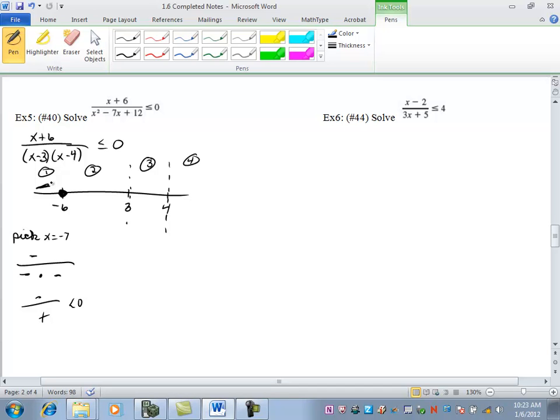So my expression is negative there. Region number 2, let's pick x equals 0. I like to use 0 anytime I can. 0 plus 6, positive. 0 minus 3 is negative. 0 minus 4, negative. So this gives me a positive over a positive, and that's a positive. Let's take a look at 3.5.